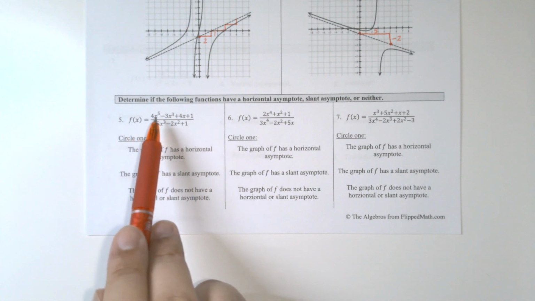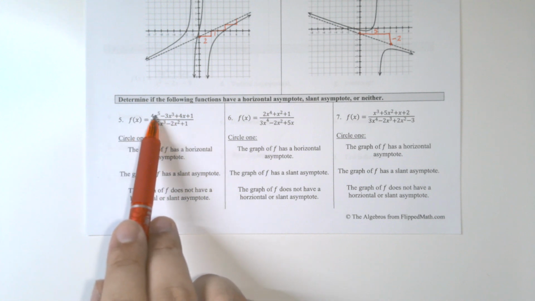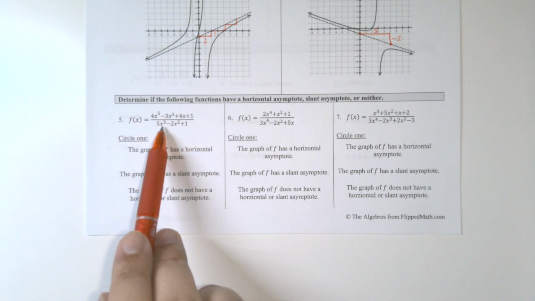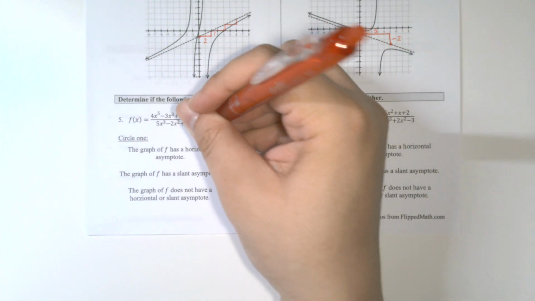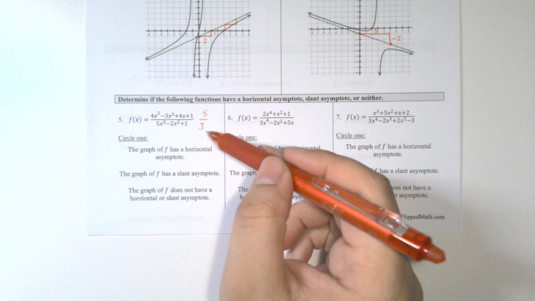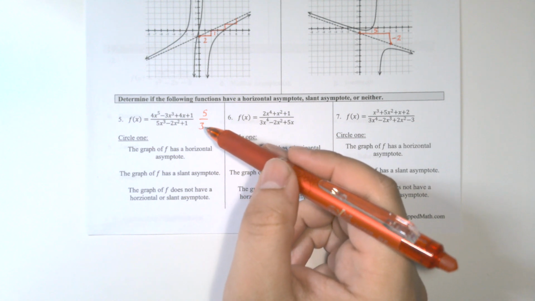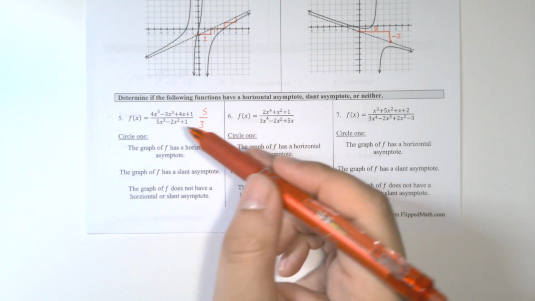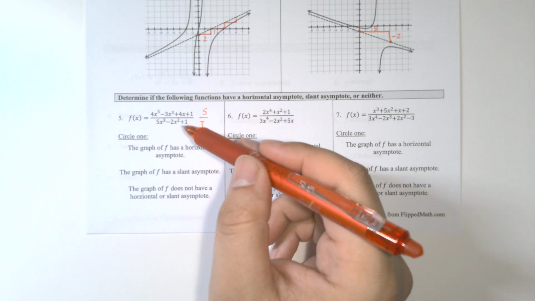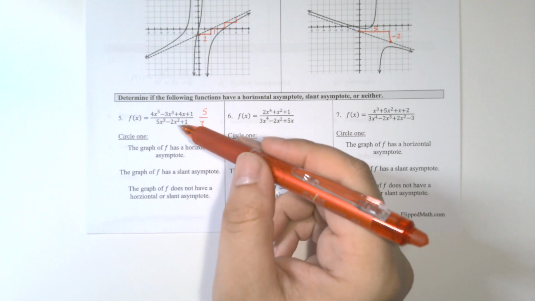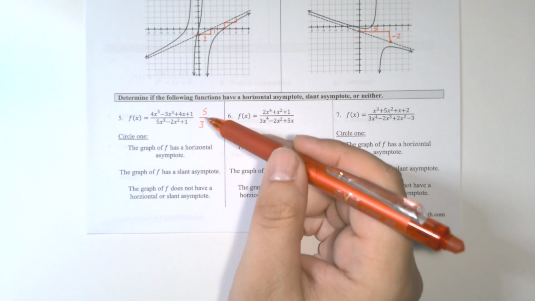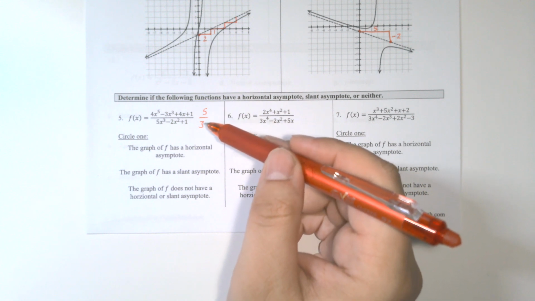For number 5, in our numerator, the degree of this polynomial is 5, and the degree of the denominator is 3. We should remember from a previous section that if these polynomials have equal degree, we will have a horizontal asymptote. Or if the degree on the bottom is bigger, we'll have a horizontal asymptote.